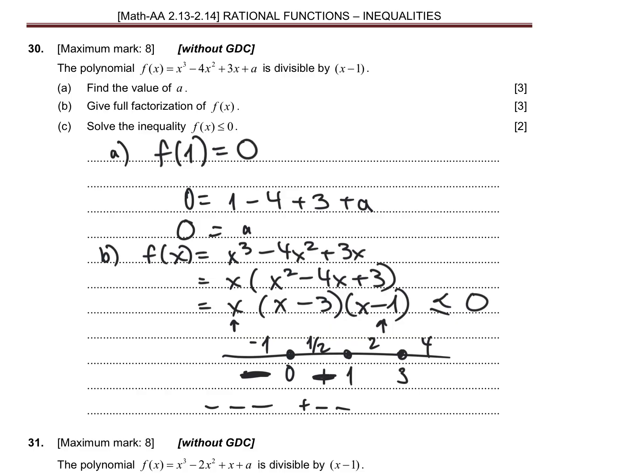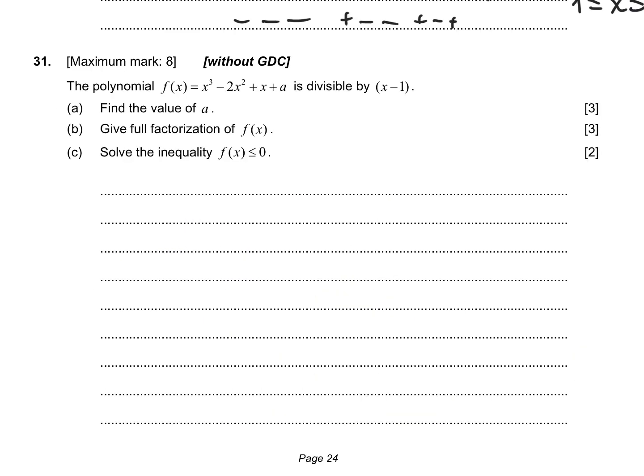So positive. 2 is a positive times a negative times a positive, so negative. And 4 is a positive. So less than or equal to 0, we're going to have x less than or equal to 0, or in between 1 and 3.